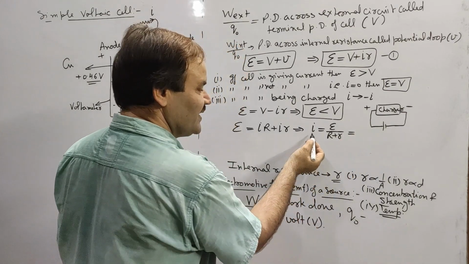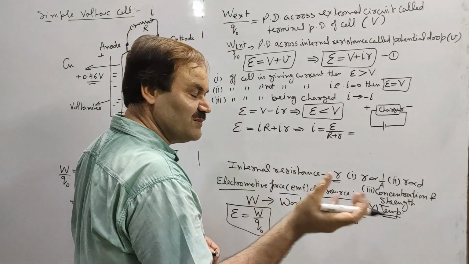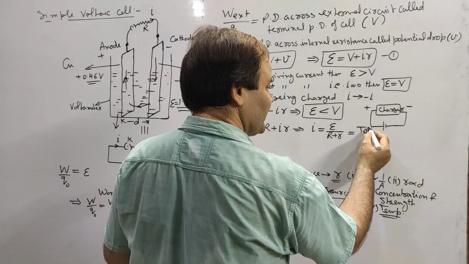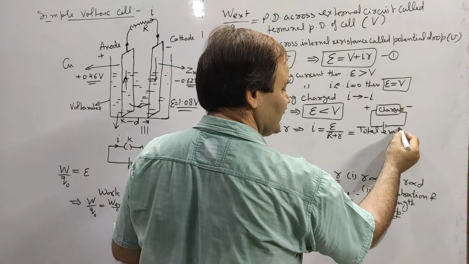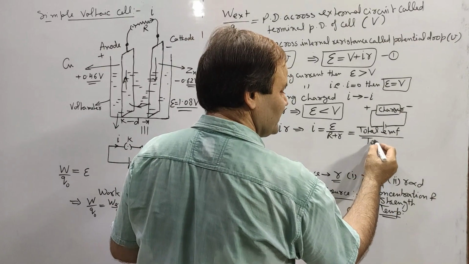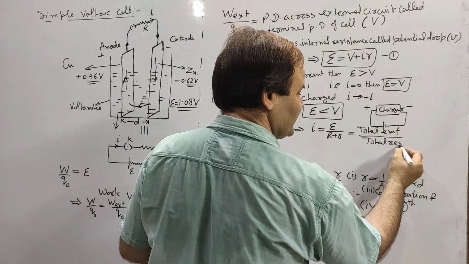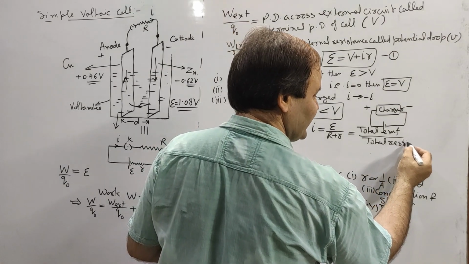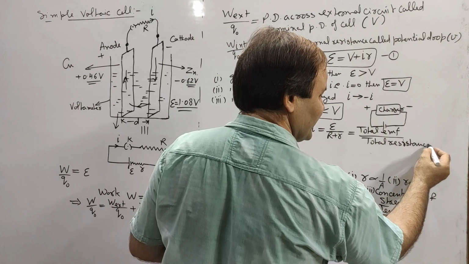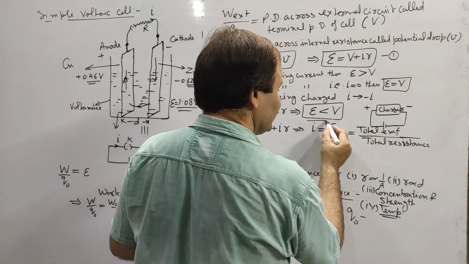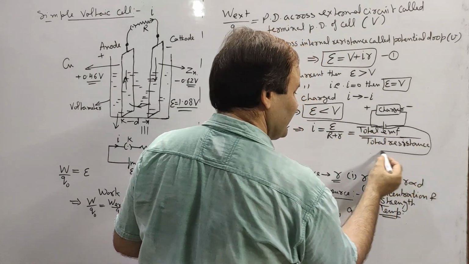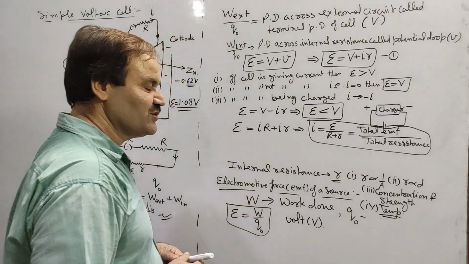It means the current drawn by the circuit from the source is equal to total EMF upon total resistance, and this relation is of great importance in determining the current drawn by a circuit from a source.